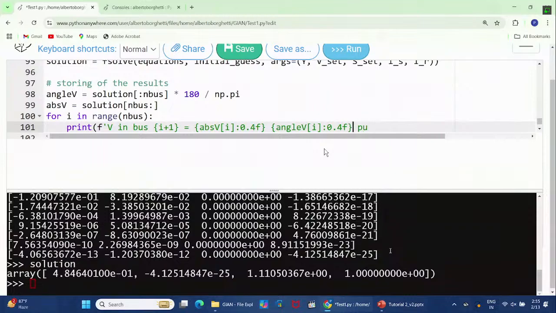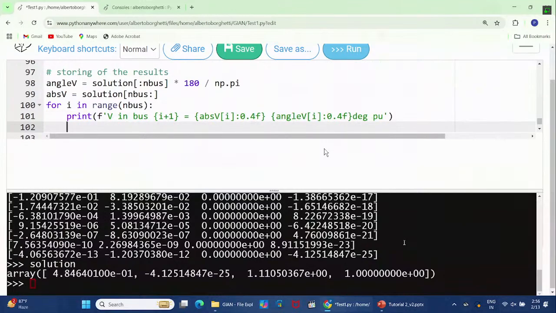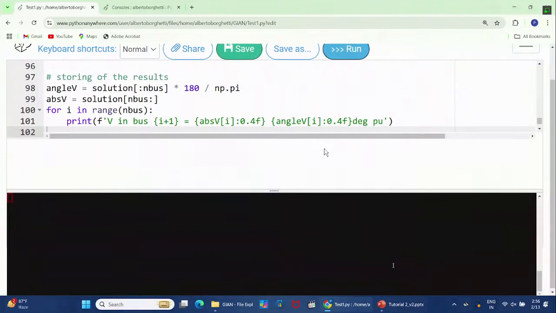Perhaps these are degrees, so we can also put the symbol, but probably there is no symbol on the keyboard, so we can put deg. So this is in per unit, and then close the parentheses. We can also run, because we wish to know the results.